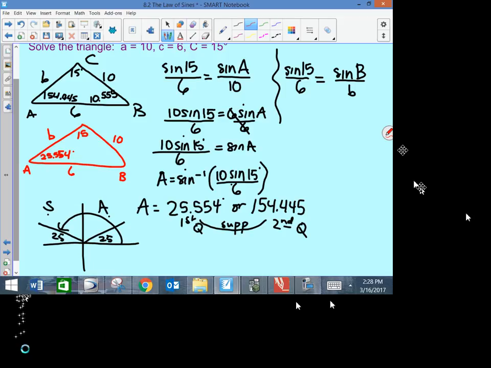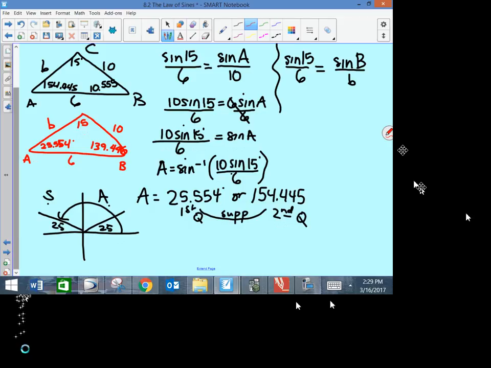That's crazy subtraction going here. Okay, how many degrees do I have left? It's 139.446.